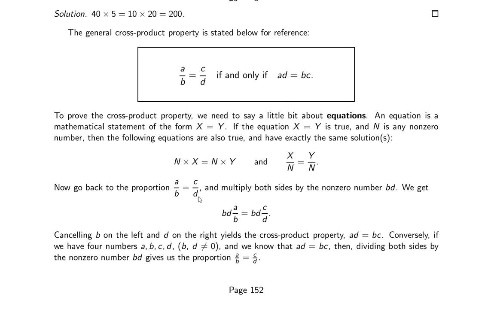Well, if two things are equal and you multiply both sides by the same number, they stay equal. Same thing if you divide both sides by the same number, they stay equal. So starting with A over B equals C over D, the trick is to multiply both sides by BD.